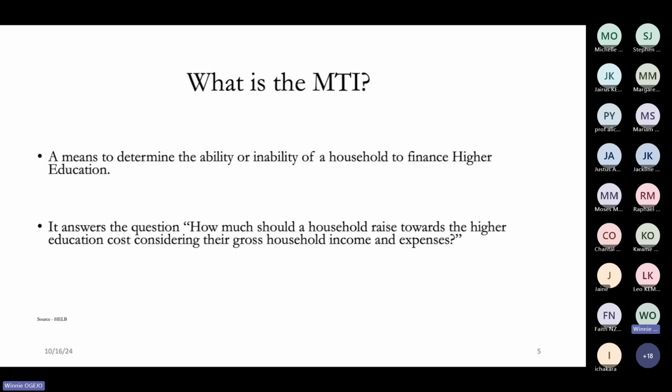And then we also looked at what question the means testing instrument answers. And the question it answers is how much a household can raise towards the higher education cost, considering their gross household income and expenses. So this is just to unpack to you, because this is the main tool that the Higher Education Loans Board is using.